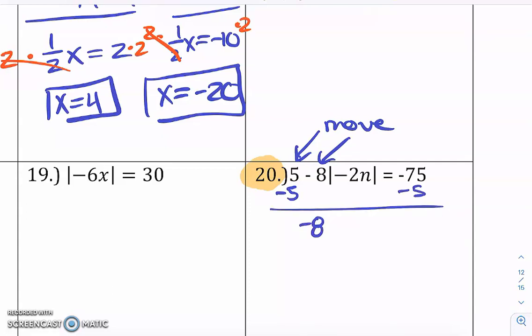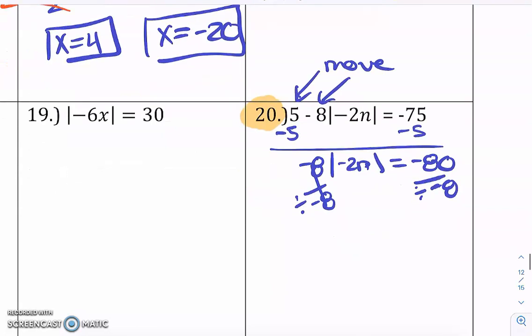So we have negative 8 times the absolute value of negative 2n equals negative 80. And the negative 8 is right up against the negative 2n. So it's right up against, it's multiplying. So to undo that, we need to divide. It just gets rid of the 8 on the left side.